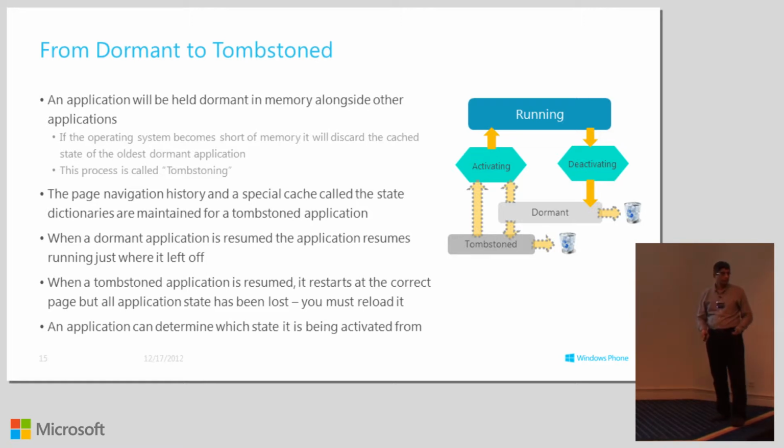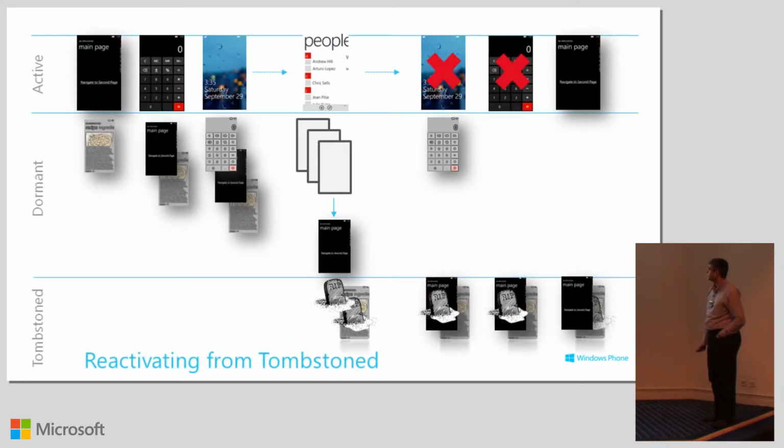So you need to reload that. And this basically just walks through that whole process again. The application is tombstoned, and then when it is called back, it comes to the page, but it has lost its content.